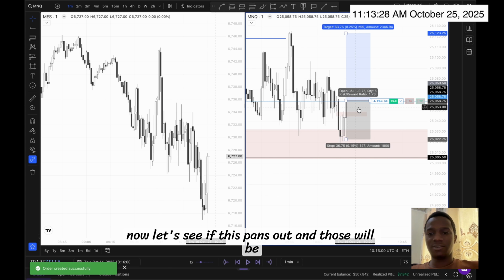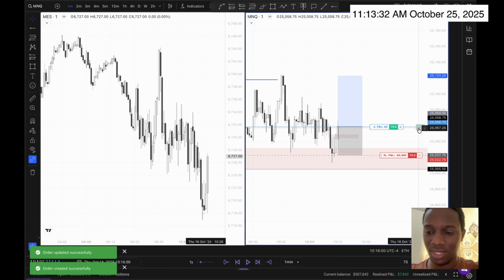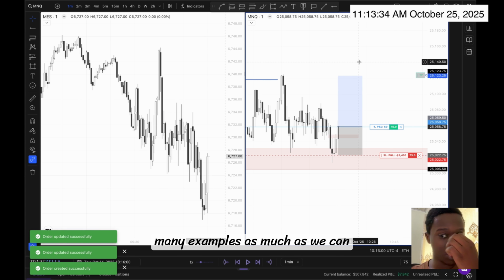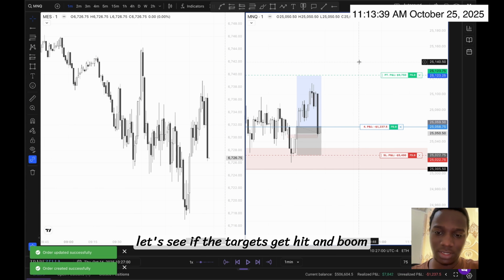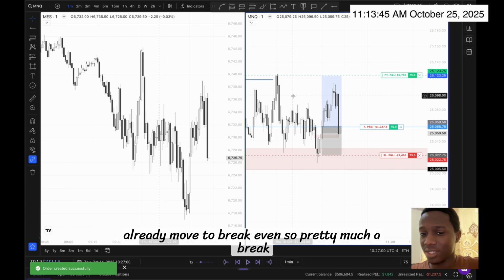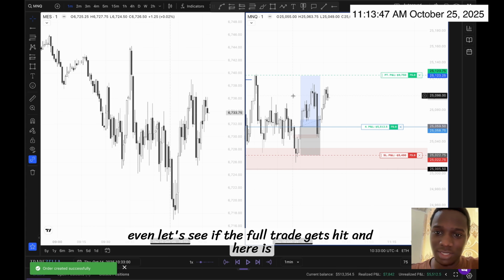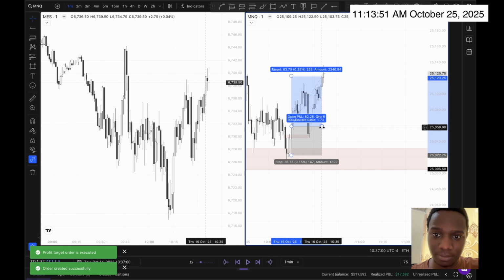Now let's see if this pans out. Let's see if the targets get hit, and boom, this here will be a break even because these highs here get taken out, we'll already move to break even. Let's see if the full trade gets hit, and here is the target.